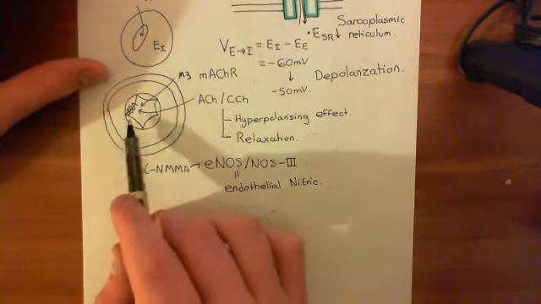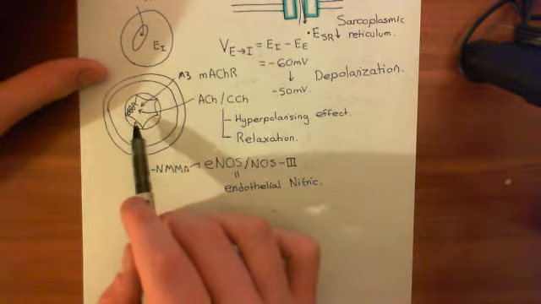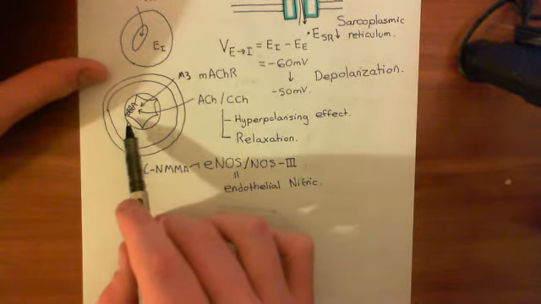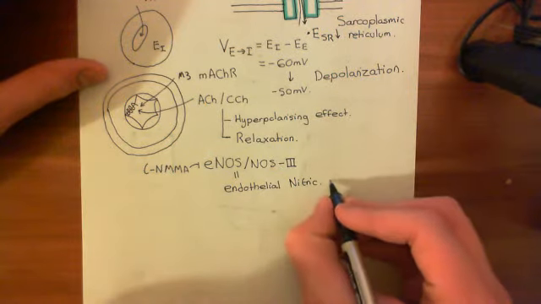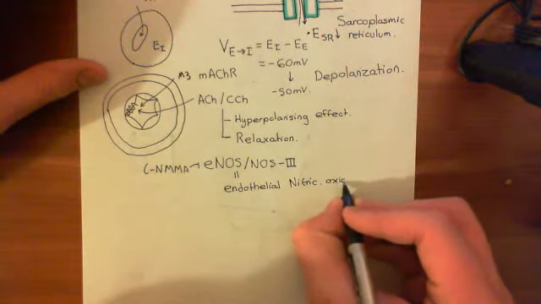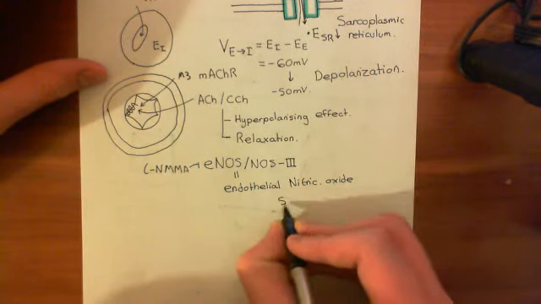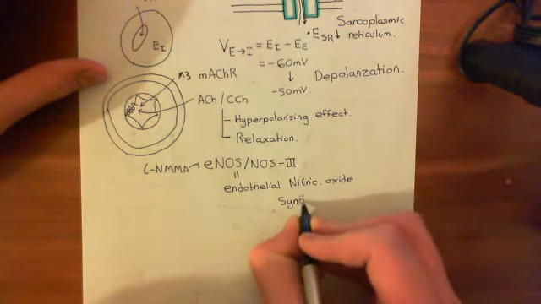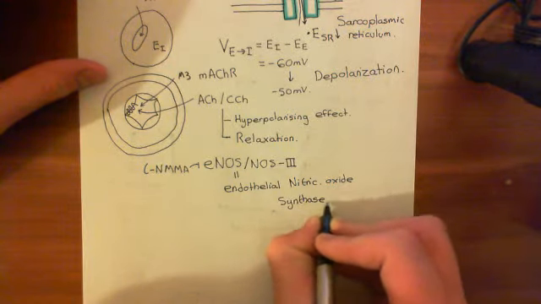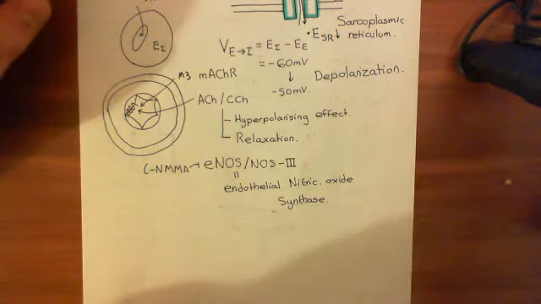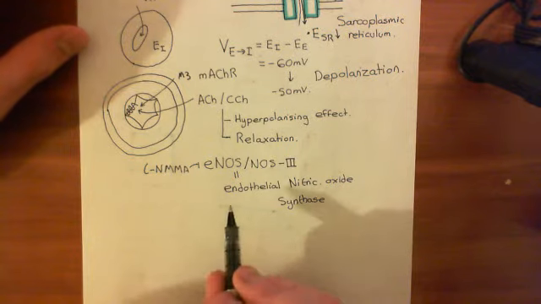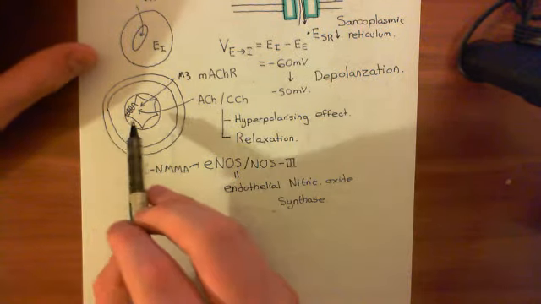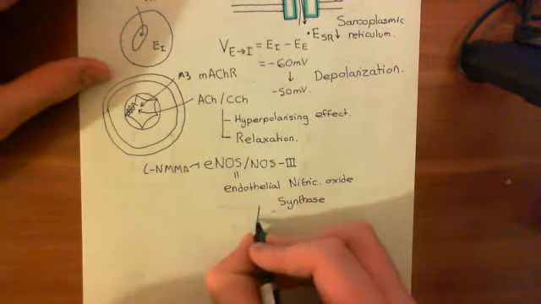In fact, all you need is calcium to elevate in the intracellular compartment of these endothelial cells in order to get activation of the endothelial nitric oxide synthase. So many different receptors can cause calcium to go up in the endothelial cells and therefore activate the endothelial nitric oxide synthase. Now, when it becomes activated, what it's going to start doing is producing nitric oxide.